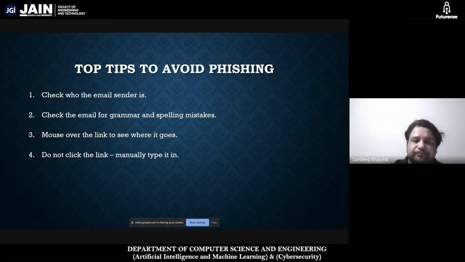Then the fifth point I mentioned right over here is about attachments. If the sender is unknown to you, never open those attachments, because no good is going to come out of it. And try to suppress your curiosity always, because if you are using Windows and you click on an attachment which is some kind of a PDF, there will definitely be some kind of a payload attached to it.